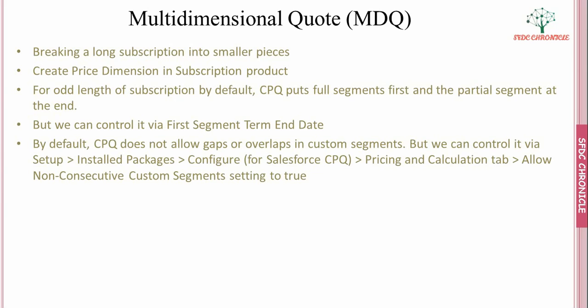By default the partial segment will come at the end. But you can very well control that using segment term date in the price dimension.